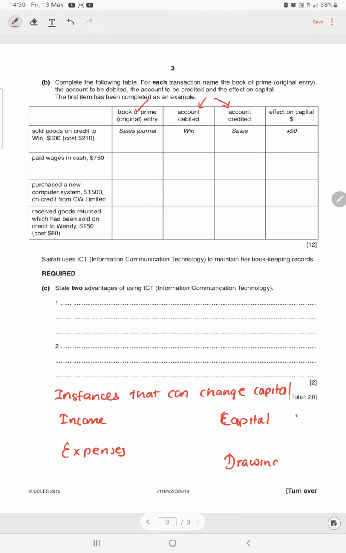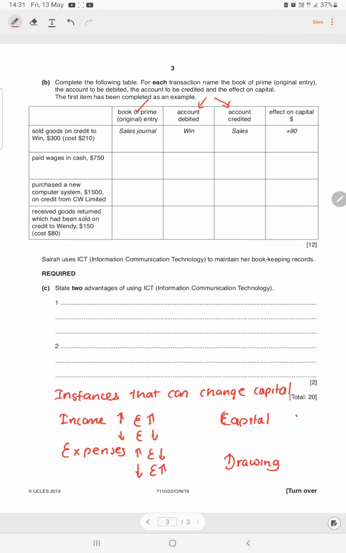Okay. So if income increases, equity increases. If income decreases, equity decreases. If expenses increase, equity decreases. And if expenses decrease, equity increases.